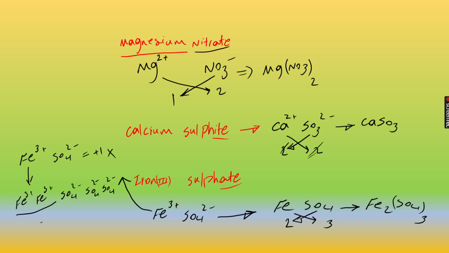Two iron create positive 6, and 3 SO4 create minus 6, so it's neutral. That's why we need 2 iron and 3 SO4. You got it? Okay.